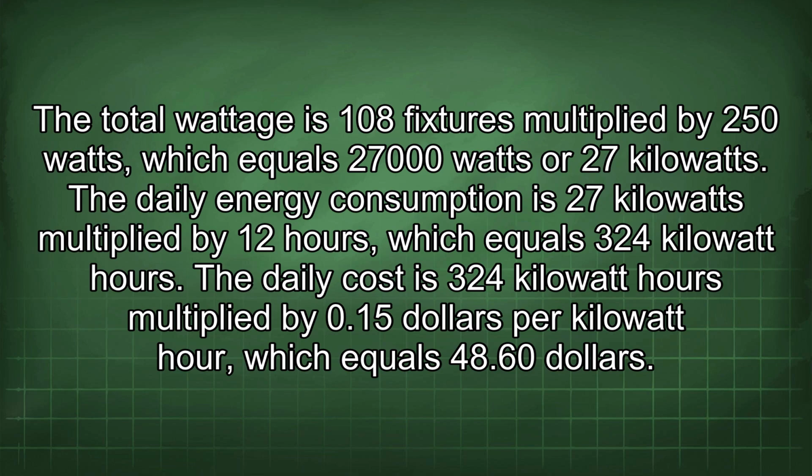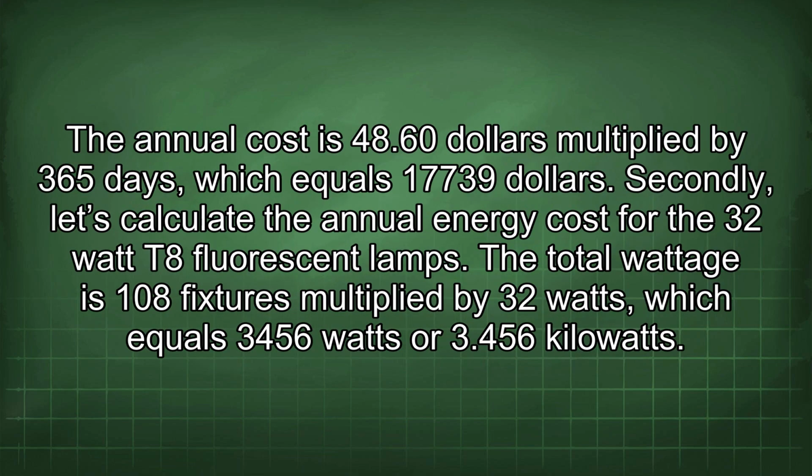The daily cost is 324 kilowatt hours multiplied by $0.15 per kilowatt hour, which equals $48.60. The annual cost is $48.60 multiplied by 365 days, which equals $17,739.